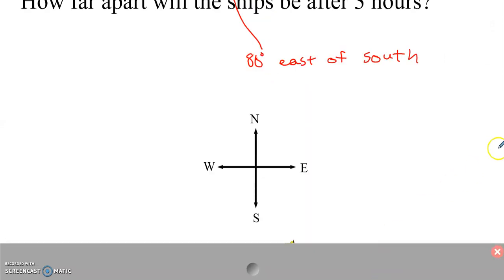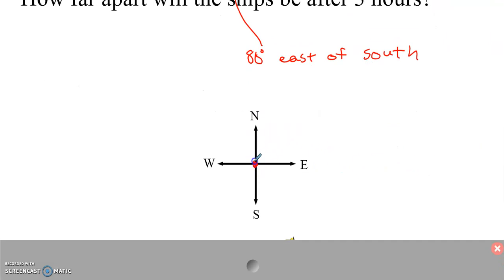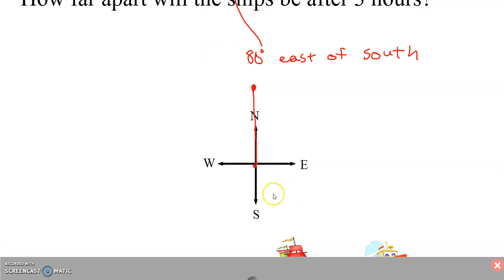I'm going to start with a compass. One of the boats just goes due north from where they leave the harbor. So there's my first boat. Let's throw a boat in there.